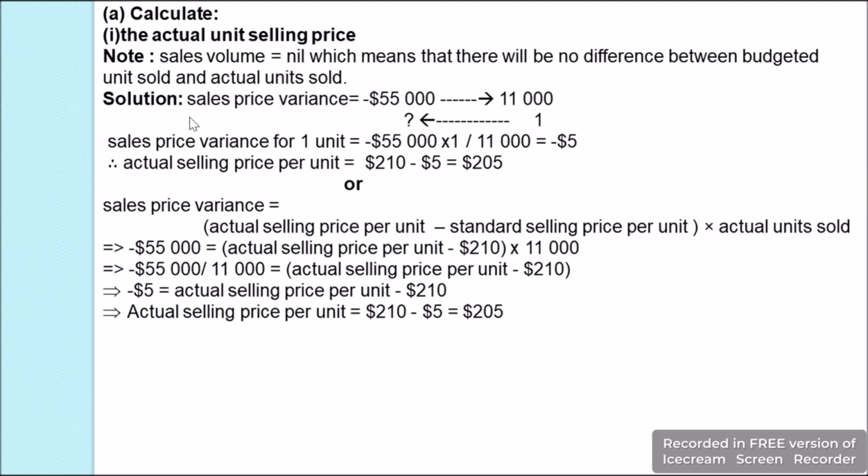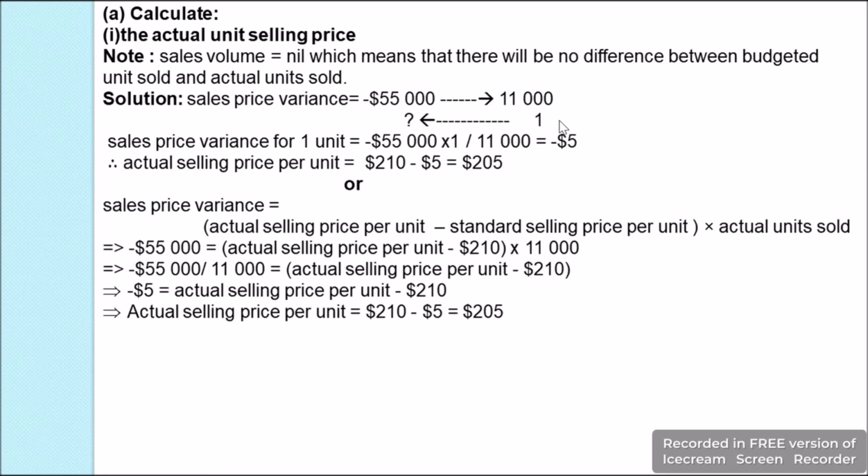So now let's start with the solution. We have been given sales price variance which is adverse $55,000. Adverse variance means the sales price has been reduced by this amount. So $55,000 has been reduced for 11,000 units, because these are the budgeted as well as the actual units sold.